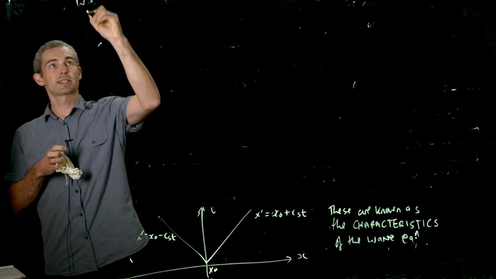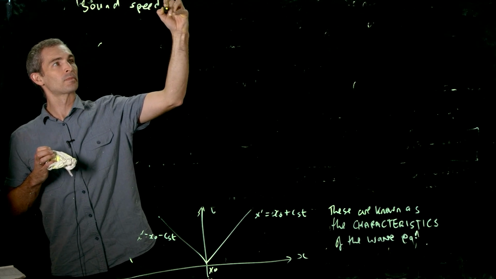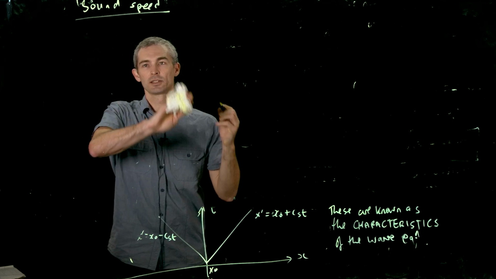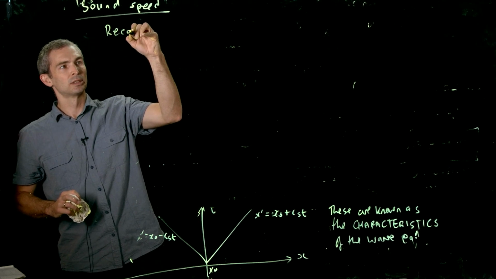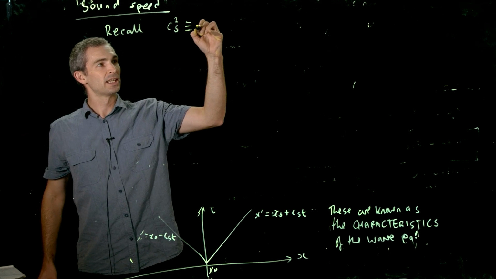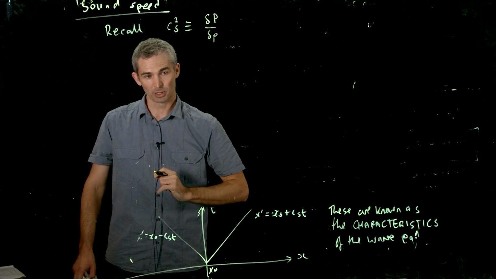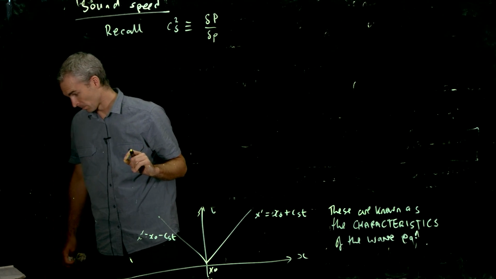So if you recall, the square of the sound speed was defined as the ratio between the pressure perturbation and the density perturbation.